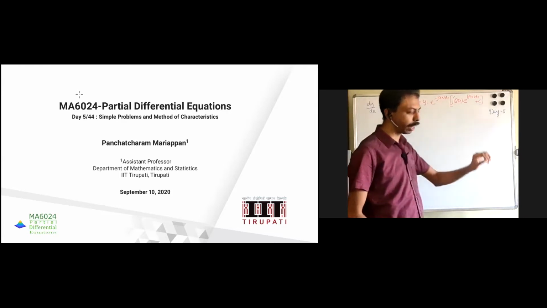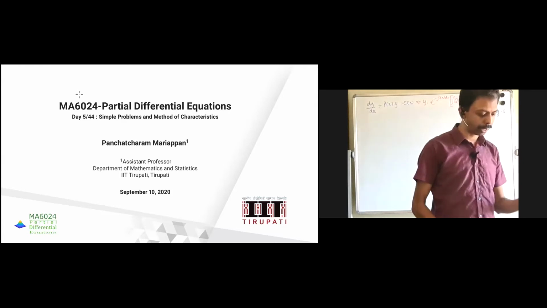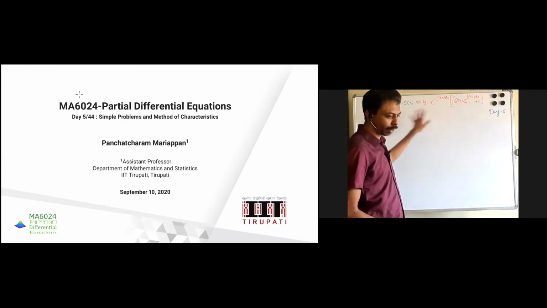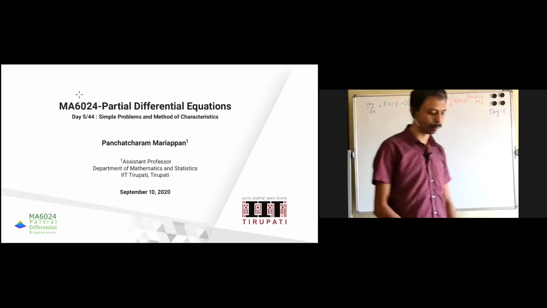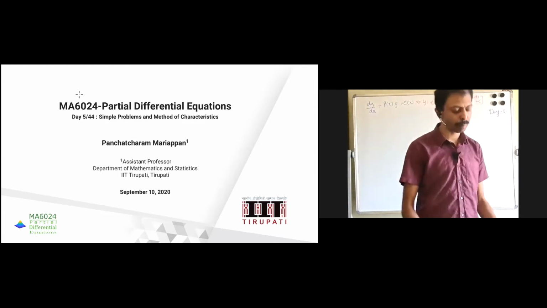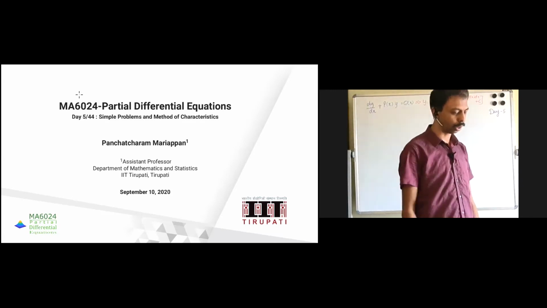We are trying to convert a given first order linear PDE into a first order ODE. That is the main idea, and that is called the method of characteristics.